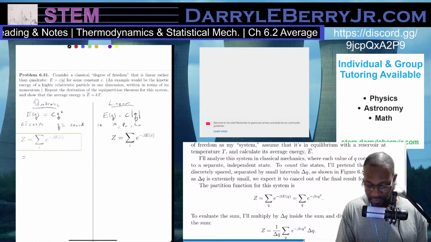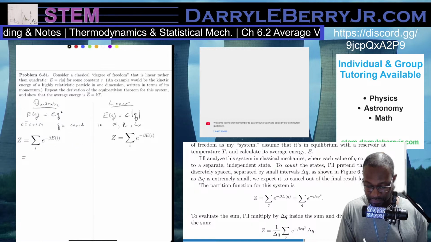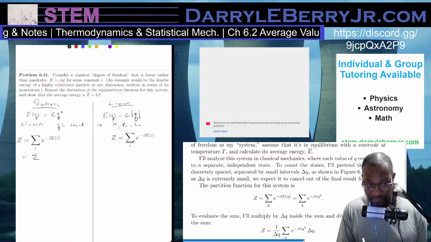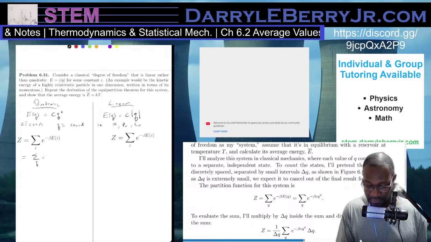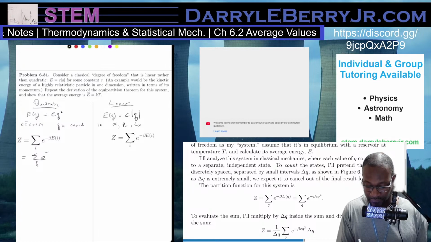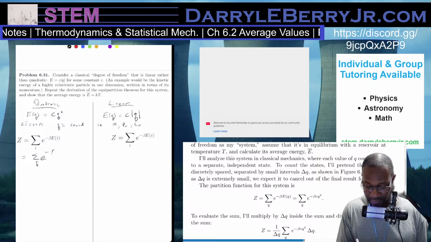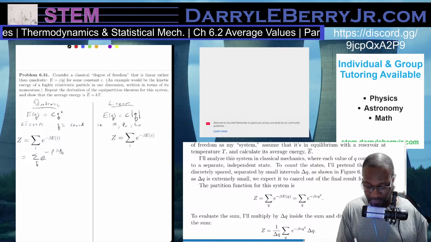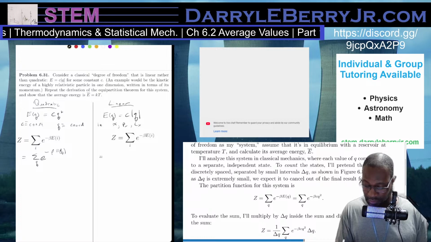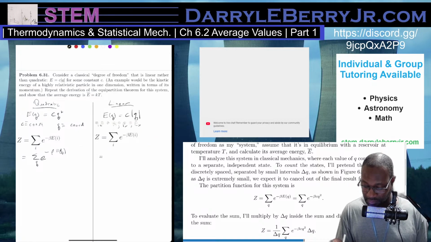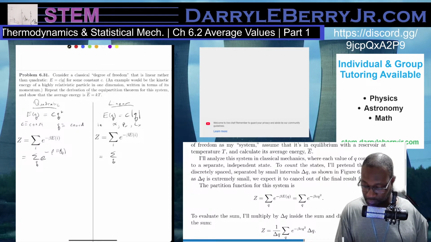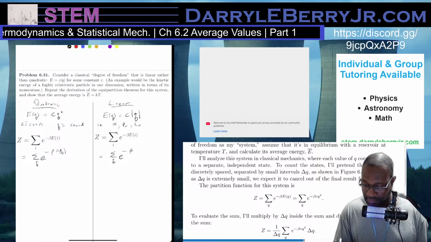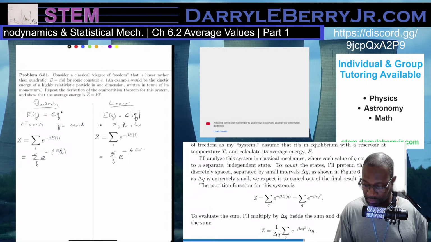So Z equals the sum over q of e to the negative beta E_q, equals the sum over q of e to the negative beta E_q.